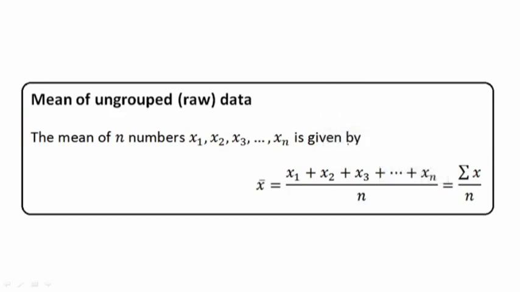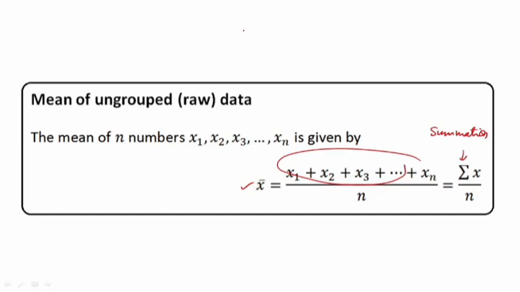This entire thing can be written in this way also. This symbol is known as summation. So summation x means adding all the values of x. With this introduction of the formula, let's see the first problem.